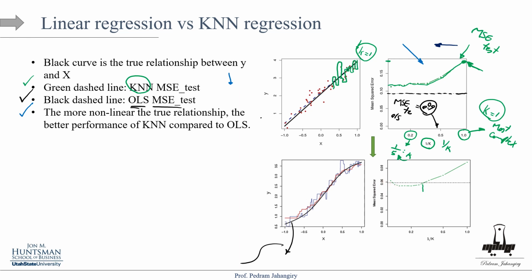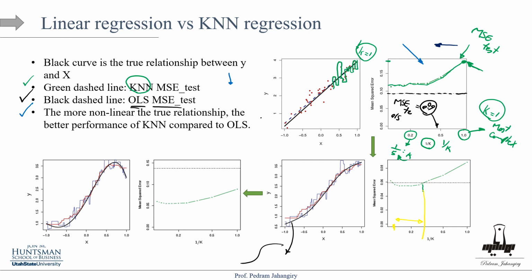So in this region, when k is between these two numbers, KNN is outperforming the OLS. Why? Because the true relationship was more nonlinear. If you make the true relationship even more nonlinear, something like this, then for any values of k, KNN is outperforming the simple OLS by a large margin.